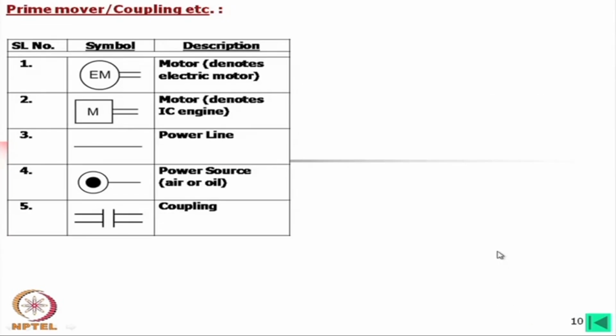Now, as well we have to present the prime mover. Normally, you will find in most of the cases an electric motor, then you can just put EM, or if you use an engine, then you put M. We call it an engine, but usually it is also called a motor, electric motor, and an IC engine is also a motor.